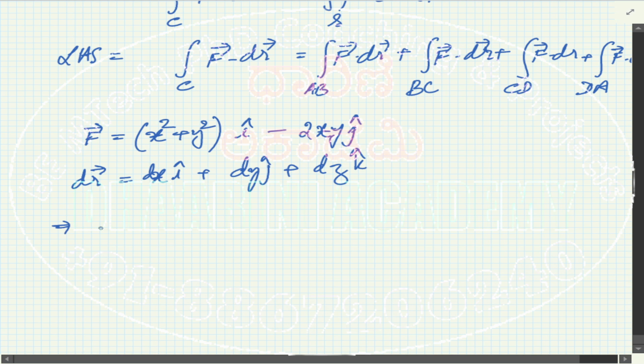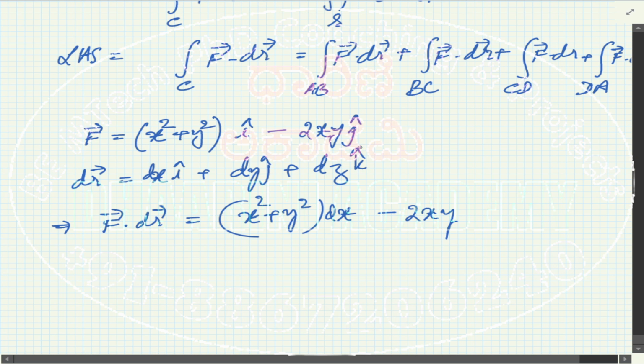So we can write vector f dot dr is equal to, i into i we can multiply, so this becomes x square plus y square dx, minus 2 times xy, there is a j, so j can be multiplied with the other term containing j, which multiplies dy. Since there is no k cap term, it's 0 into dz, so we don't have to write that.